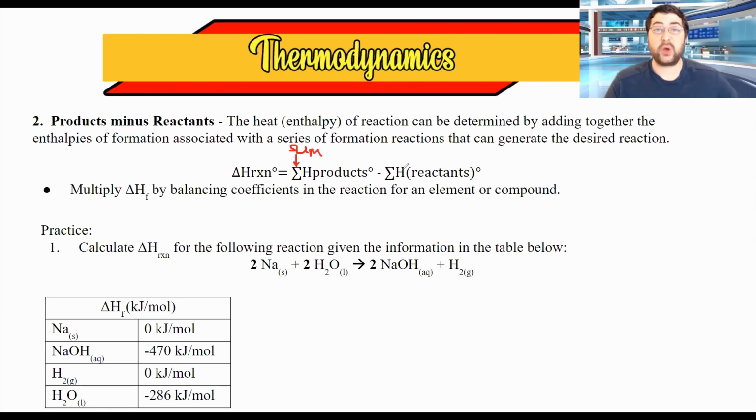So sigma means to add things, all right? So we want the sum of the heats of, or the energy of all of the products at standard conditions, minus the sum of the heats of, or energy of, all of the reactants at standard conditions, okay? Now for our purposes, all of our stuff is gonna always be under standard conditions. We're not gonna change that.